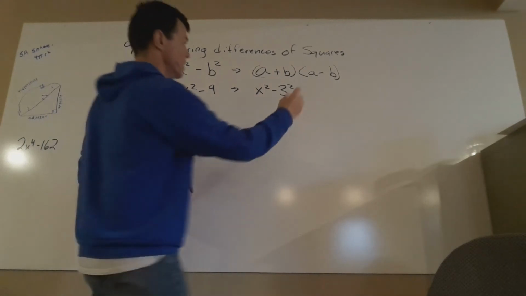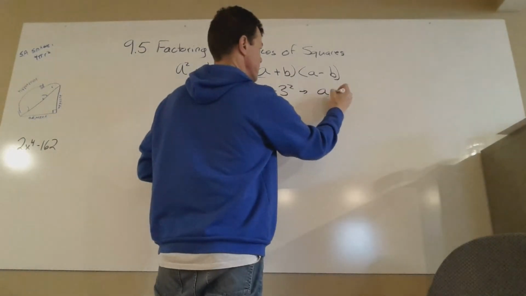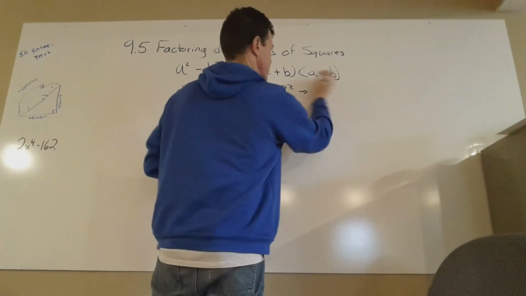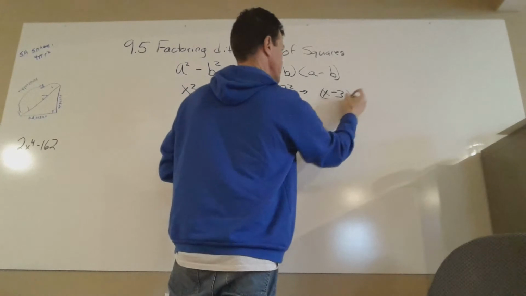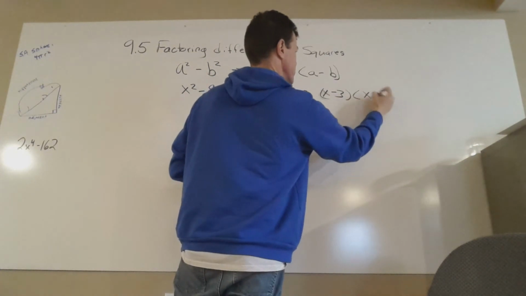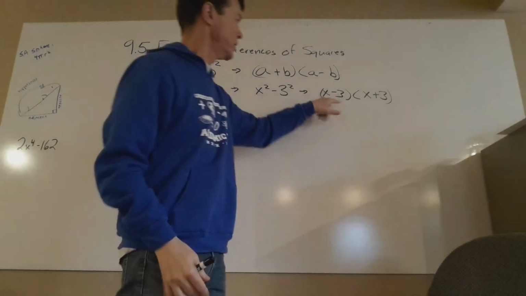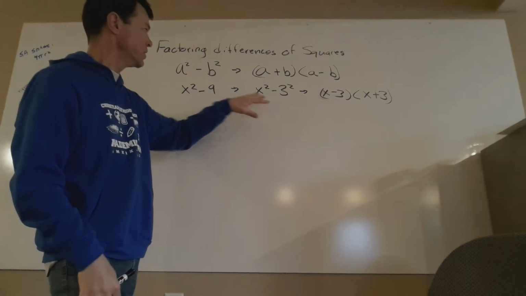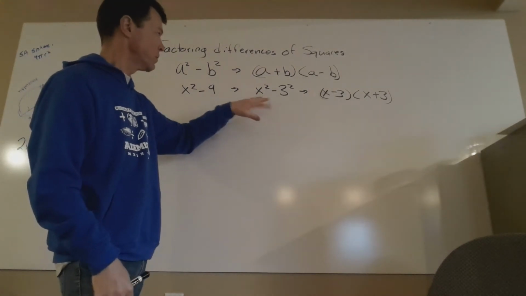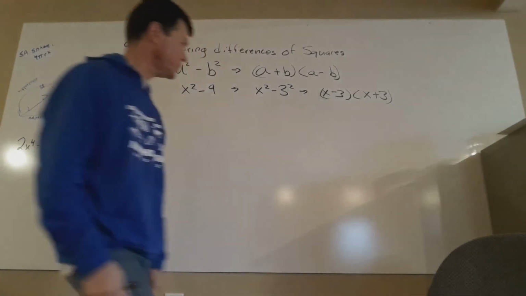The difference of squares follows the pattern up here: x minus 3 and x plus 3. It doesn't matter if you have the first one positive and the second one negative, they're still going to simplify the same. But anyway, it just follows this pattern. A difference of squares will factor into this.